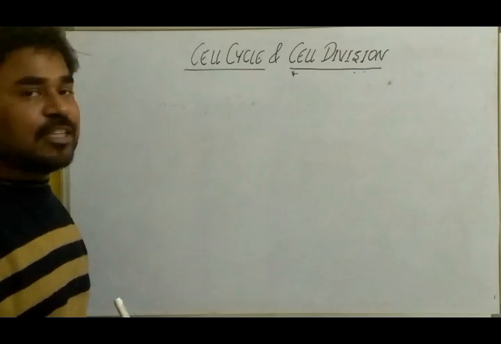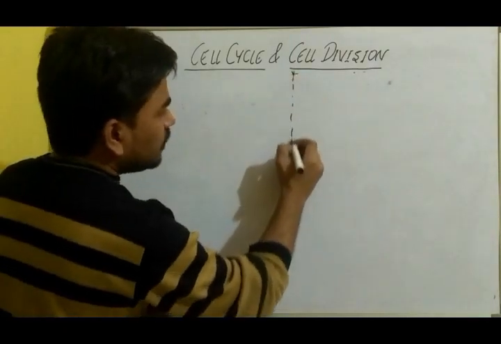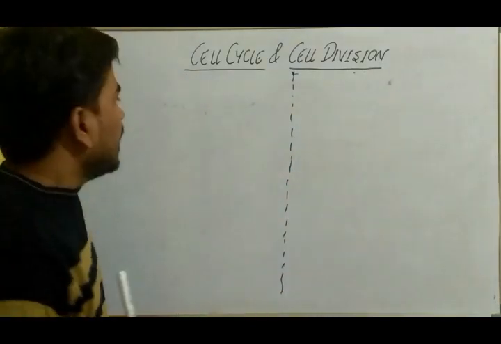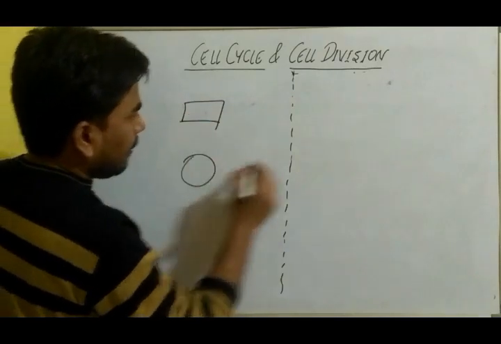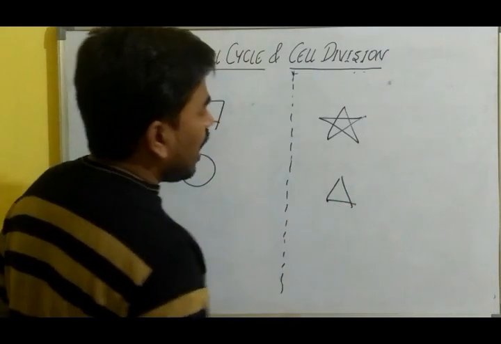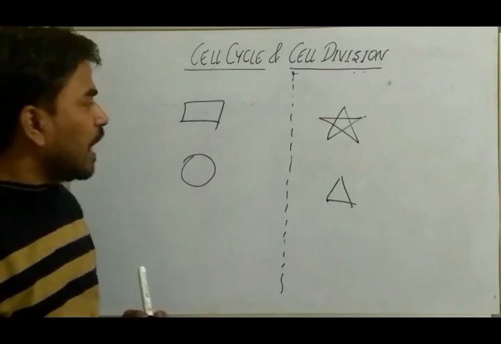Suppose I have to divide this board into two equal halves. I will cut from the central margin into two equal halves. But if this board has some components like this, and now I have to cut these components along with this board, how do I do that?